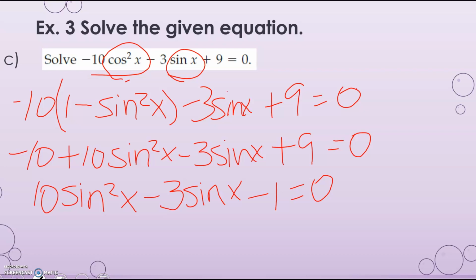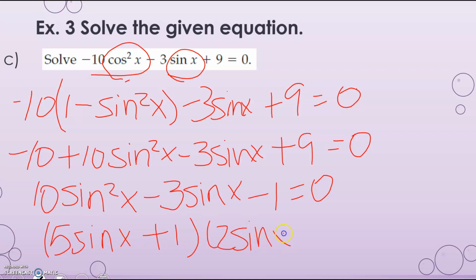You can set u equal to sine of x and then change this back into 10u squared minus 3u minus 1. I'm going to go ahead and just solve this. So I'm going to factor, this is going to be 5 sine x plus 1 times 2 sine x minus 1 equals 0. So now it is factored.